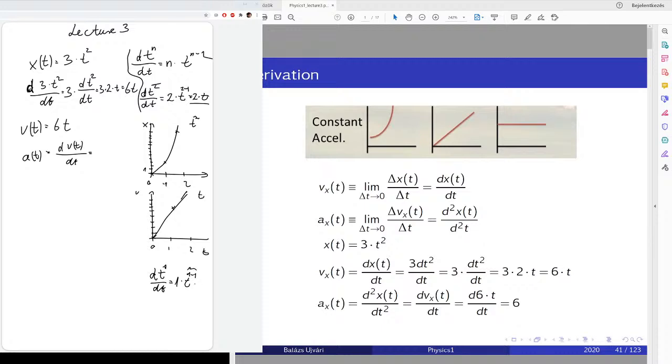So if we derive 6t, the 6 can come out of the derivation, dt over dt, which is 6 times 1, this is 6. So acceleration is a constant.